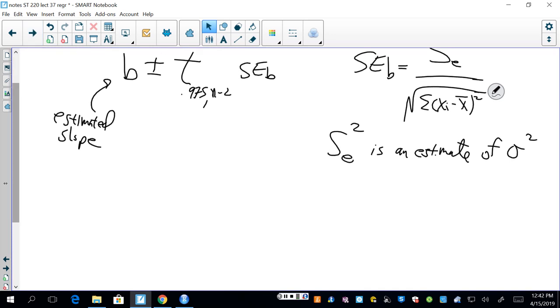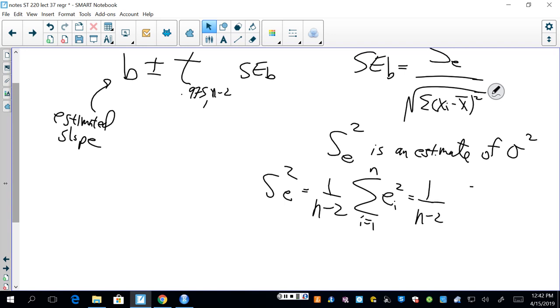And the formula for it is 1 over n minus 2 times the sum of e_i squared, where e_i is the realized error, i going from 1 to n of y_i minus y_i hat, squared.